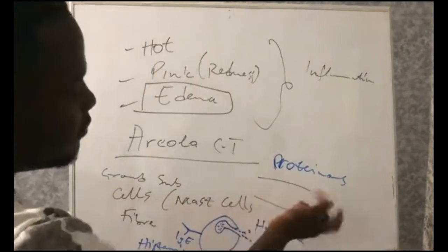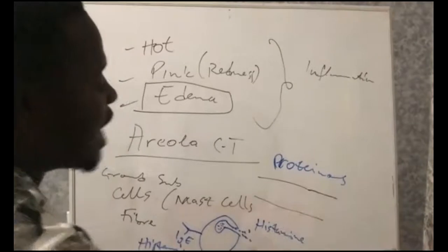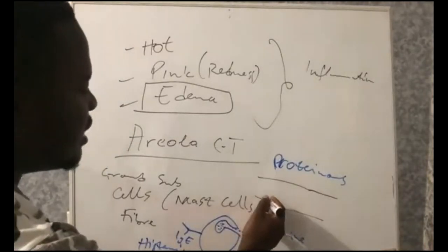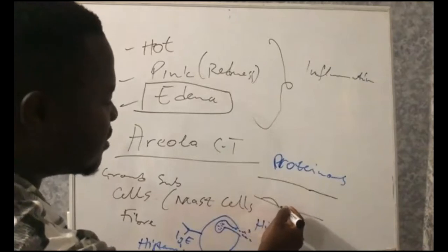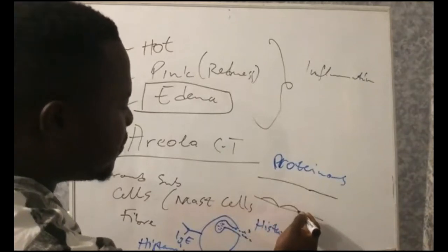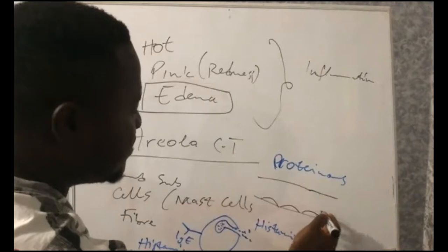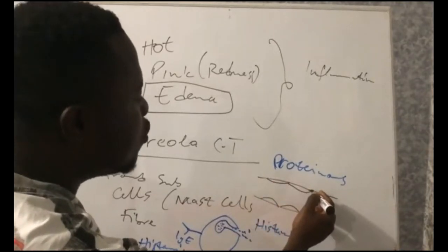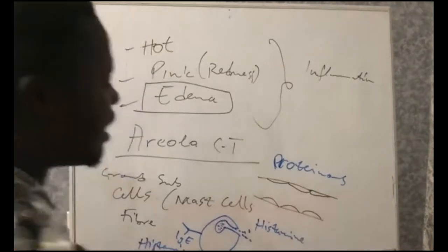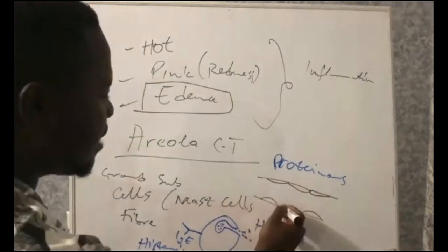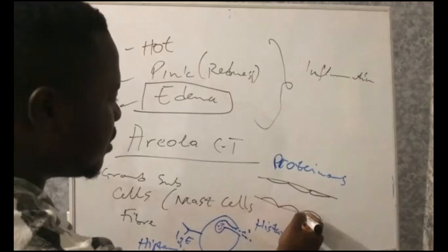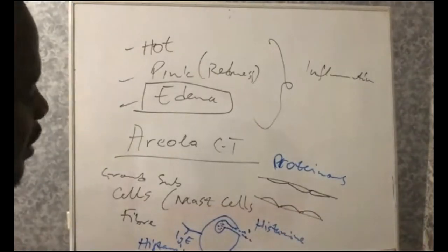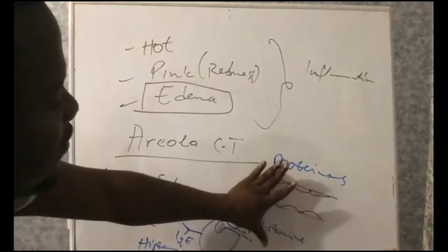The capillary vessels are made up of endothelial cells and just a basement membrane. Normally, the endothelial cells are closely attached to each other, with no gaps between them. So first of all, the histamine will cause dilatation of the vessel.